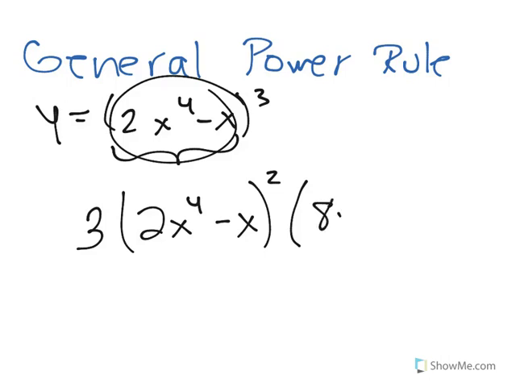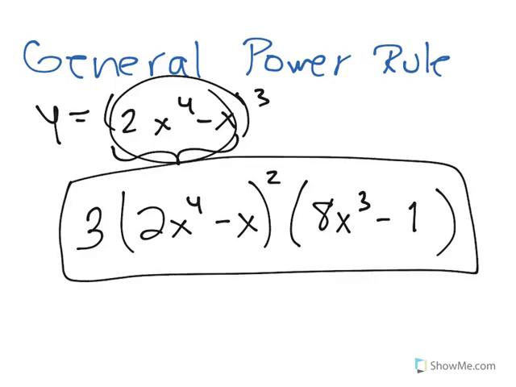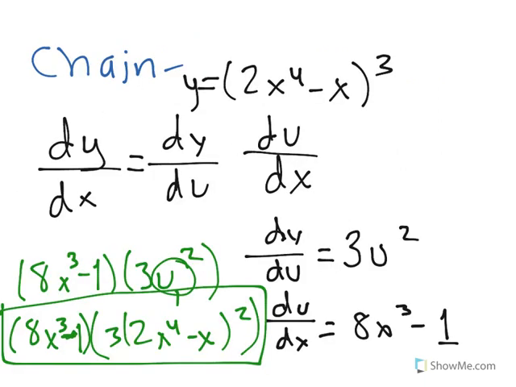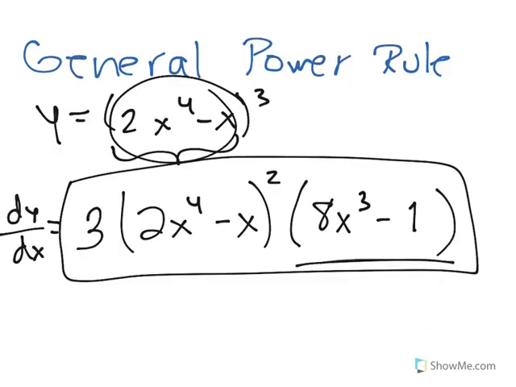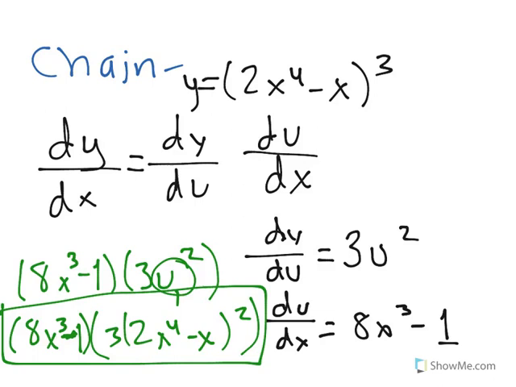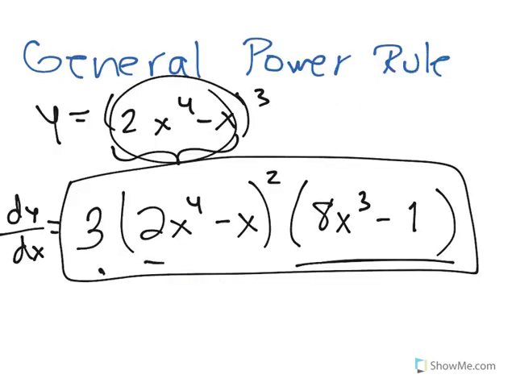In this case it's 8x cubed minus 1. So this is the solution based on our general power rule: dy over dx is equal to this. Let's see if we got the same thing. We got 8x cubed minus 1 times 3 times 2x to the fourth minus x, squared. We got exactly the same thing using these two new rules that we have just been introduced to.